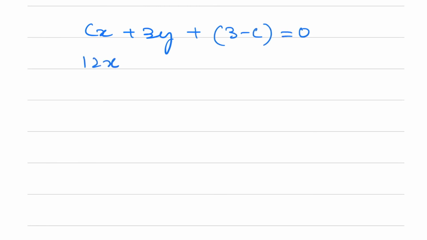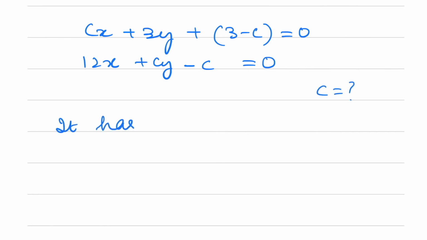In this question we are given two equations, cx plus 3y plus 3 minus c is equal to 0 and the other equation is 12x plus cy minus c is equal to 0. And we are given that they have infinitely many solutions and we have to find C.